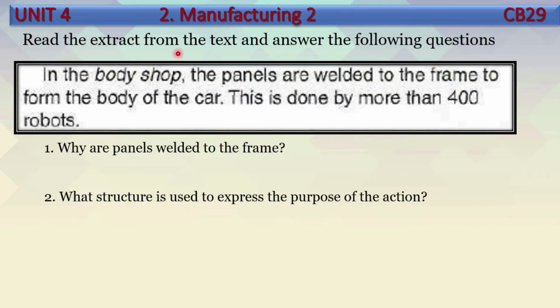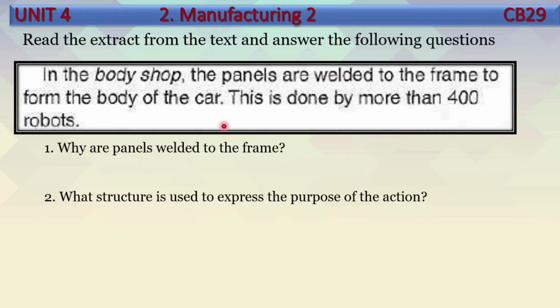Read the extract from the text and answer the following questions. We are going to read this extract, then answer the questions. Number 1, why are panels welded to the frame? Number 2, what structure is used to express the purpose of the action?